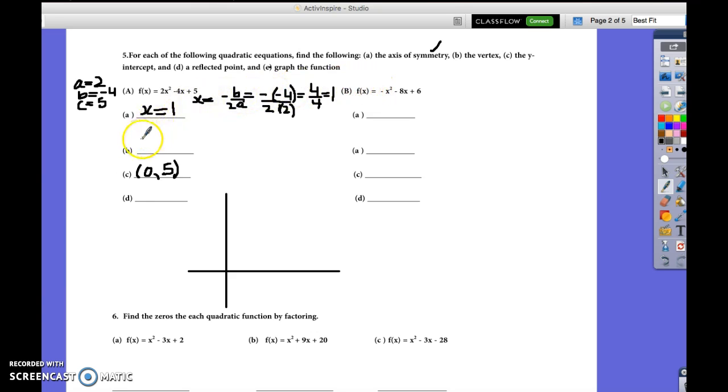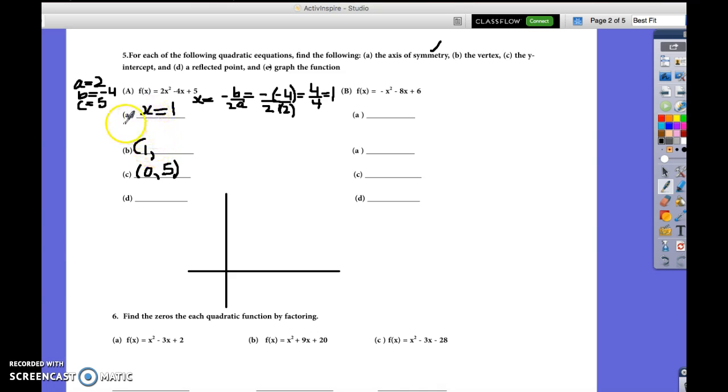So, in thinking about the vertex, the x coordinate of the vertex is going to be 1, and all we have to do now is to find the y coordinate of the vertex. X coordinate is 1. So you say, how do you do that? Well, we go to the equation which says f of x, or y. F of x is y is equal to 2x squared minus 4x plus 5. Wherever you see x, you put 1, because 1 is the x coordinate of the vertex.